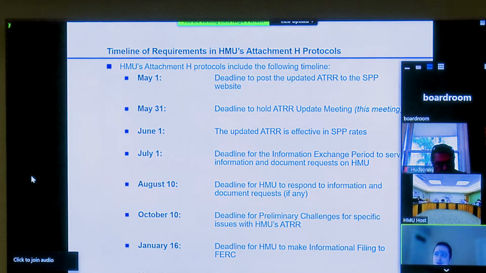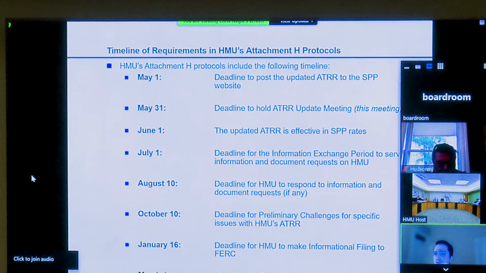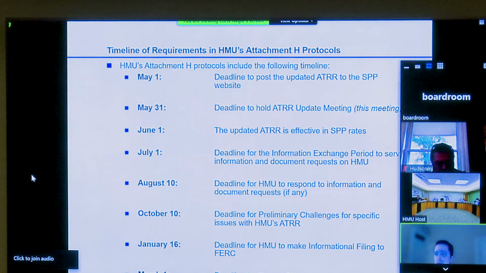June 1st is when the ATRR that we'll be reviewing goes into effect in the SPP rates. So the cost information that you see on today's call will be placed into SPP rates in just a few days here. July 1st is the deadline for any information exchange requests that might come into Harlan.